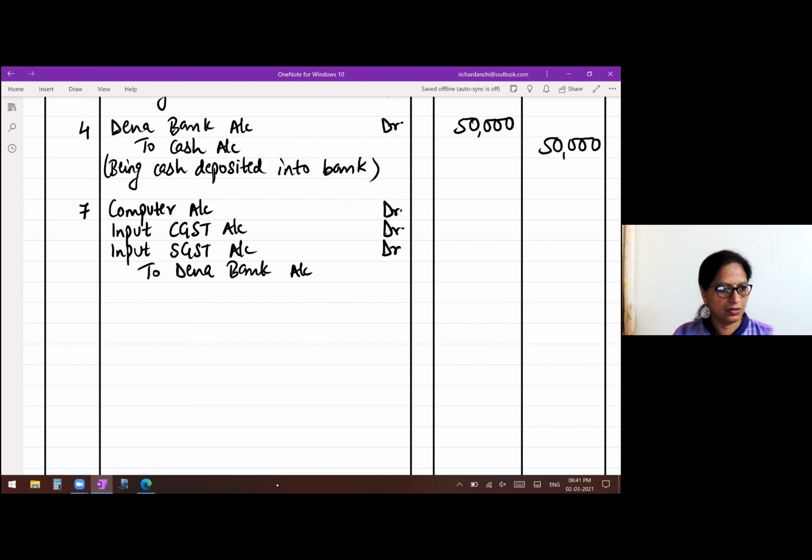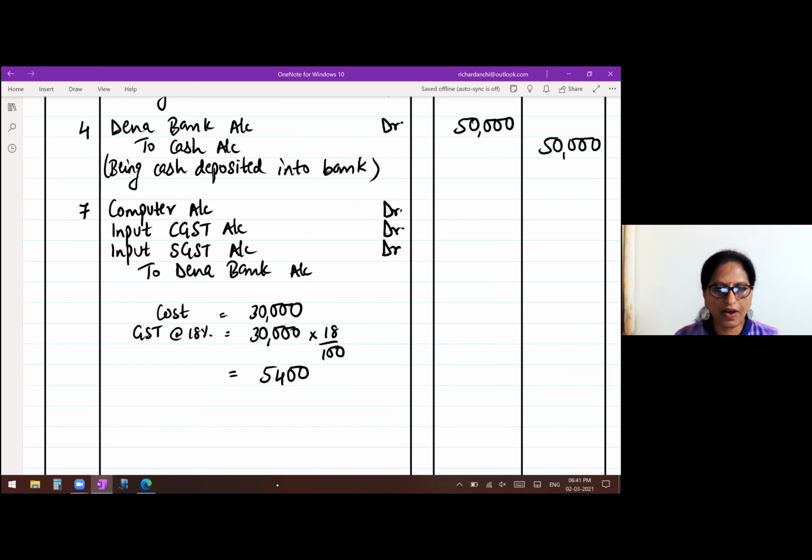Cost of the computer is 30,000 and there is 18% GST, so 18% of 30,000 is 5,400.